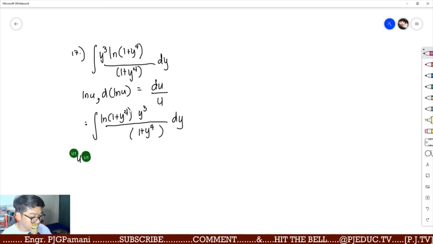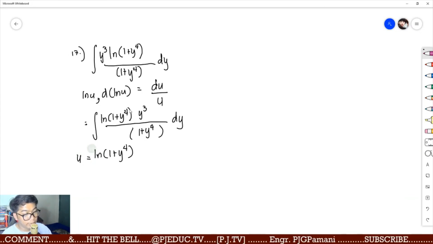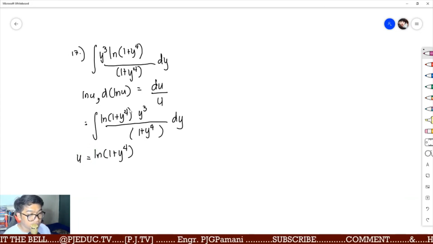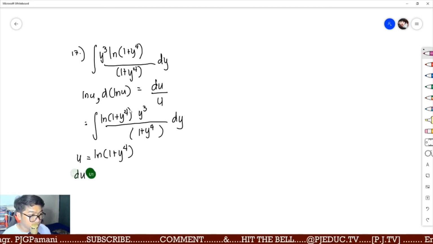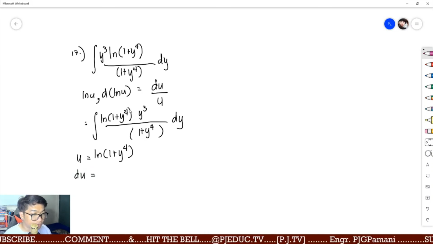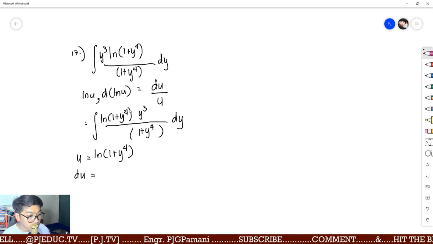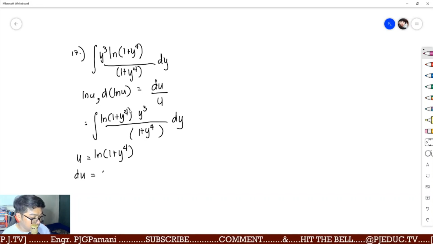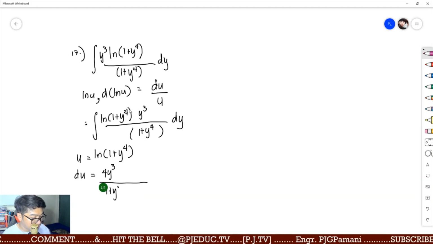Let's just say our u is ln (1 plus y raised to the fourth). Remember, the differential of a ln of a function is du over u, the derivative of the function over the function. So, derivative of 1 plus y raised to the fourth is ilan? 4y cubed over the function, that is 1 plus y raised to the fourth.